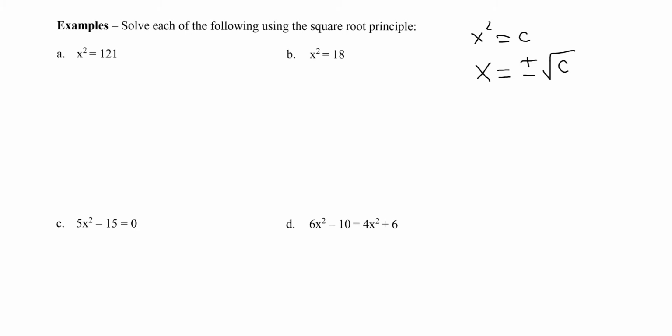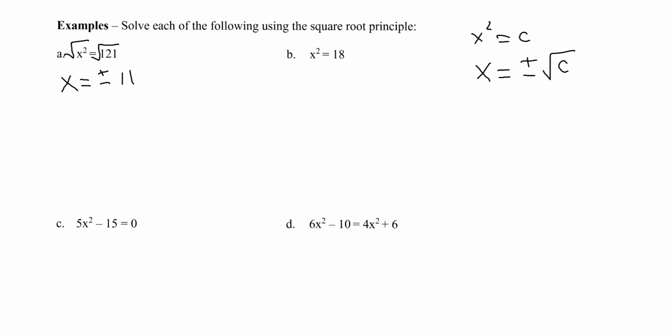So we're going to solve some equations using our square root principle. The first one, a, is nice and easy because it's x squared equals 121. So to find x, we're simply going to take the square root of both sides. The square root of x squared is x. The square root of 121 is going to be a positive or a negative 11. You can write your answer just like that. It's two solutions, positive 11 and negative 11, but we can leave it in that form.